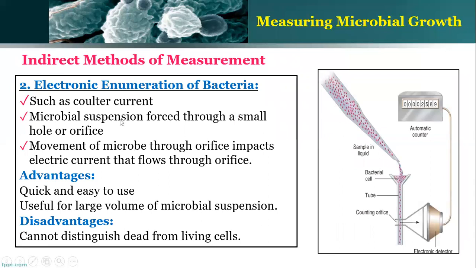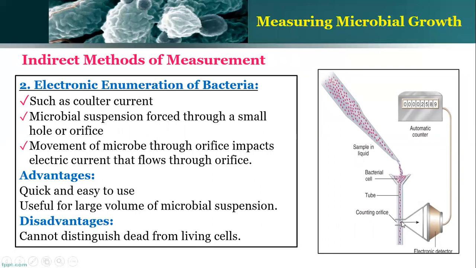Next, electronic enumeration of the bacteria. In electronic enumeration of bacteria, an electronic device like a Coulter counter is used to count the bacteria. In the image, you can see the microbial suspension being passed through a narrow orifice. This is a narrow orifice.